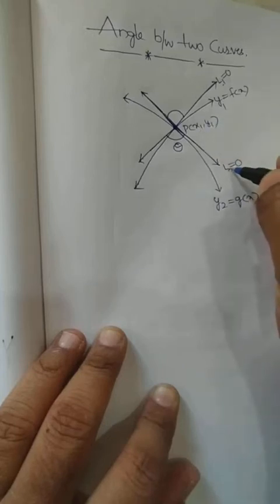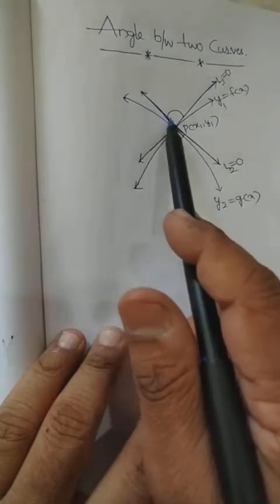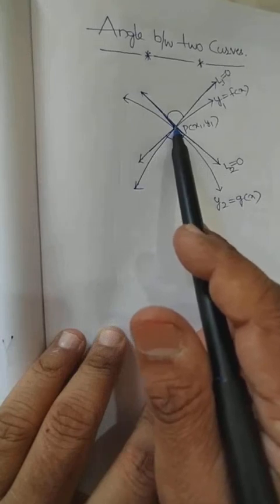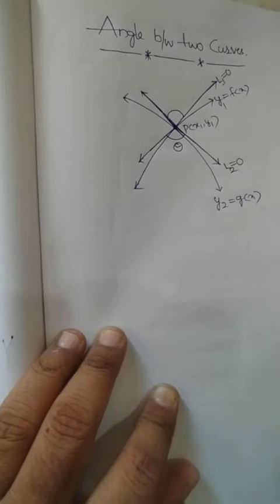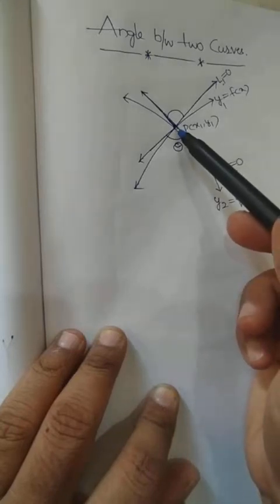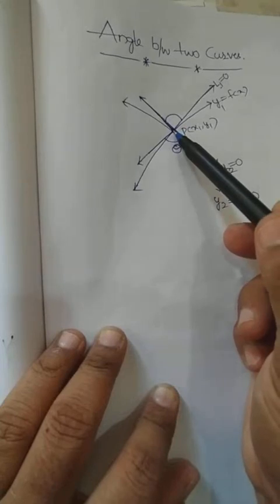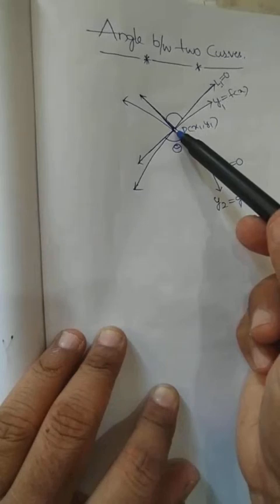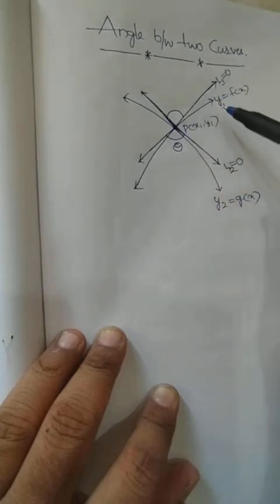Now observe this line. This is also the tangent line at the same point P of x1 comma y1 to the curve y2 is equal to g of x. At the intersecting point of these two curves, I am drawing tangent lines to each curve.